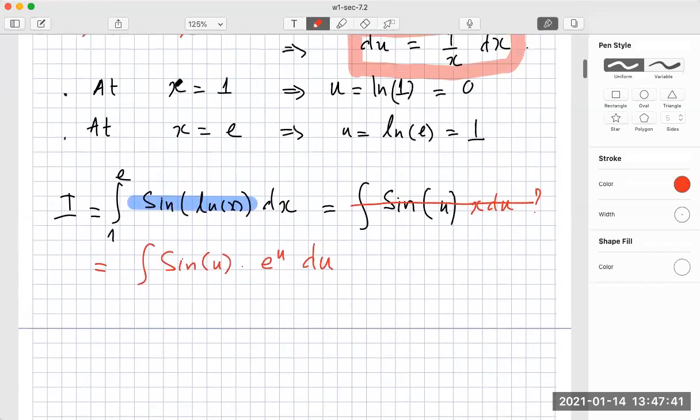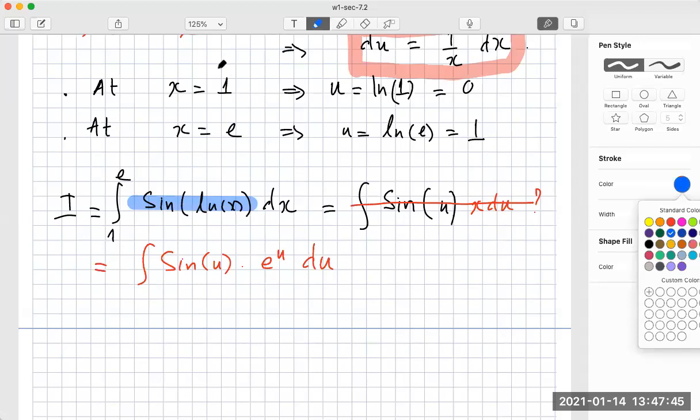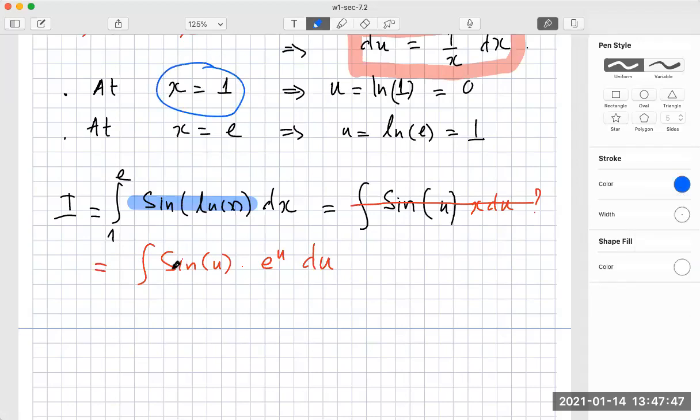The lower limit is from x equal to 1, therefore u will start from this value, at u equal to 0, to x equal to e corresponding to u equal to 1. Okay? Is there any question up to here?